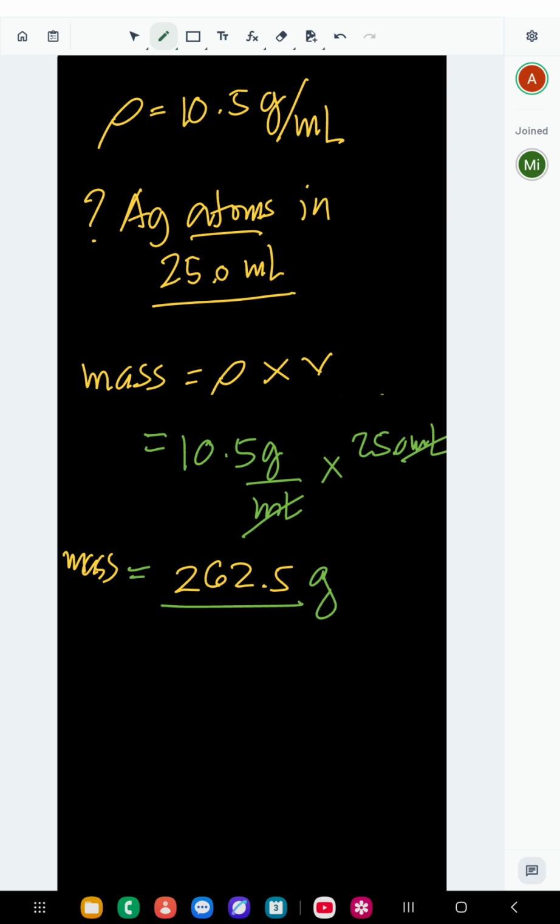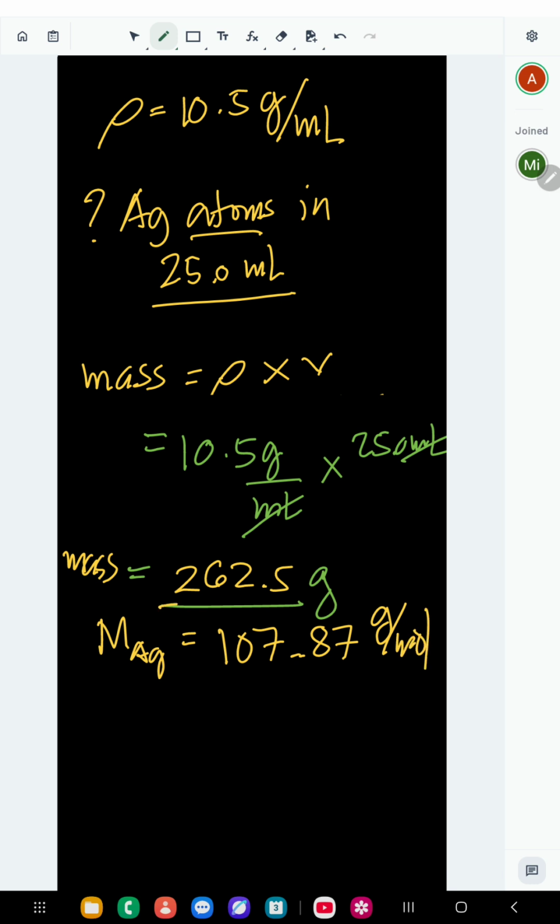Yeah. And then what is the molar mass of silver? Because we need that. Molar mass of silver from the periodic table in grams per mole.